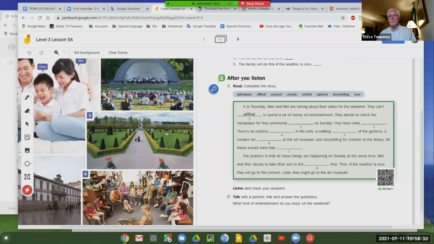And then a tour. A tour is the idea of visiting a lot of different places. So I know you're familiar with what we call tourist, because in Spanish it is turista.